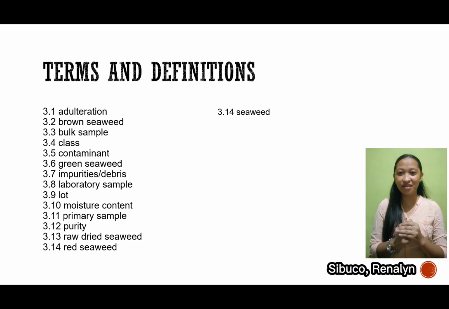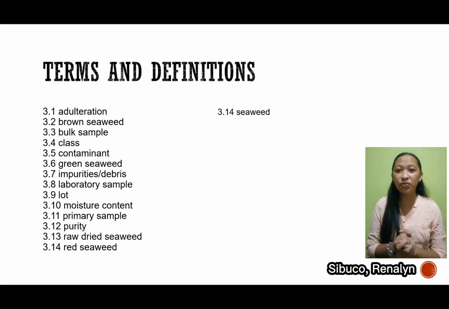For primary sample, small quantity of seaweed taken from a bag or bale in a particular lot. For purity, classification of raw dried seaweeds as monospecies, congeneric, or mixture of genera.